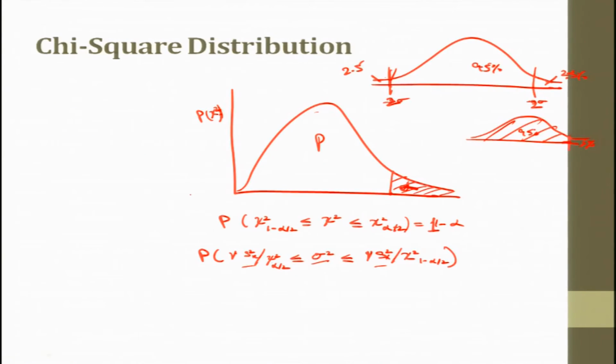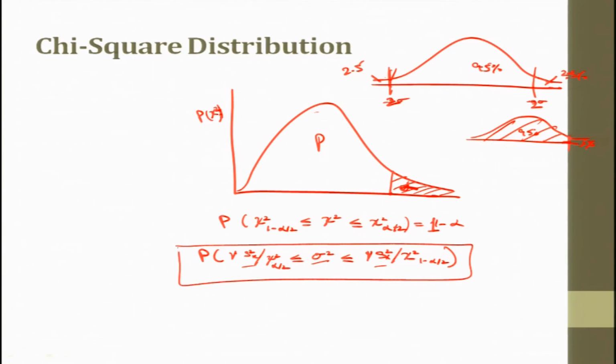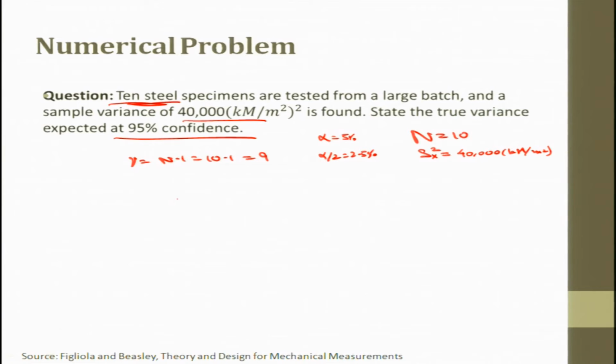So if I use this relation to solve this kind of problem, I can just put here n minus 1 into the variance for the sample, divided by the chi-square value for alpha by 2, is less than or equal to sigma square, is less than or equal to degrees of freedom into variance for the sample divided by the chi-square value for 1 minus alpha by 2. Okay, I can just put the values directly here.